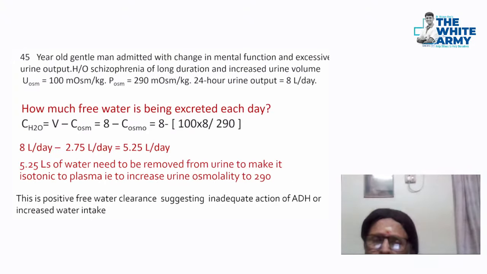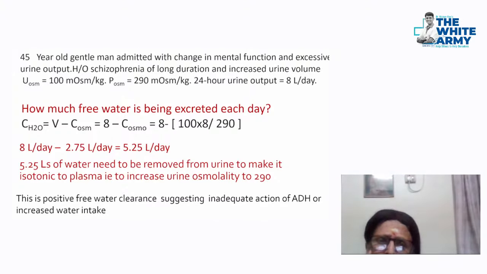Similarly, look at this 45-year-old gentleman admitted with change in mental function and excessive urine output. He was a schizophrenic of long duration on medication, and his urine osmolality was 100 osmoles per kg. Plasma osmolality was 290. 24-hour urinary output was 8 liters.